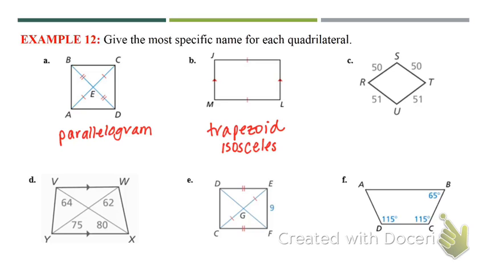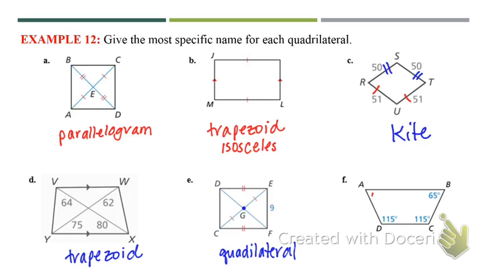The next one is a kite. The next one has to be a trapezoid, and it's not isosceles because those diagonals would be congruent if it was. And then the next one is just a quadrilateral. There are no other distinguishing features. And in the last one, we should be able to find the missing angle, and since we do, we are able to say it's an isosceles trapezoid.